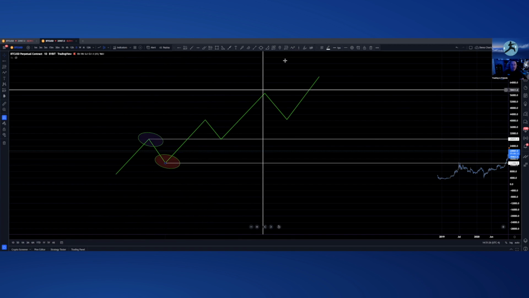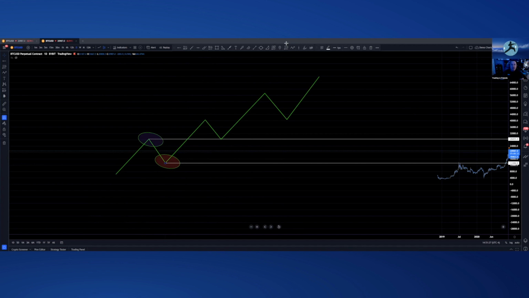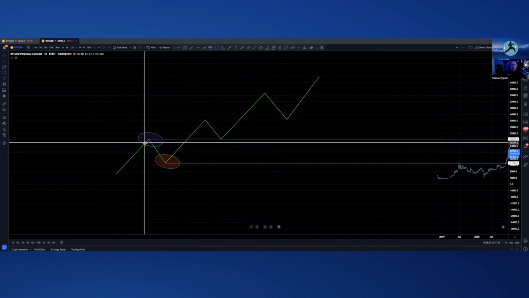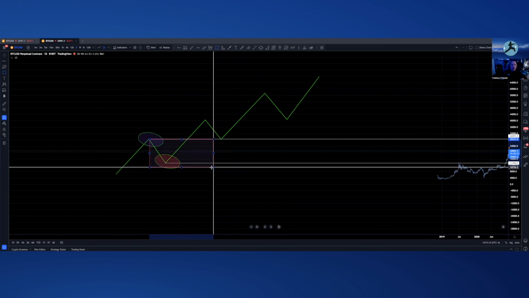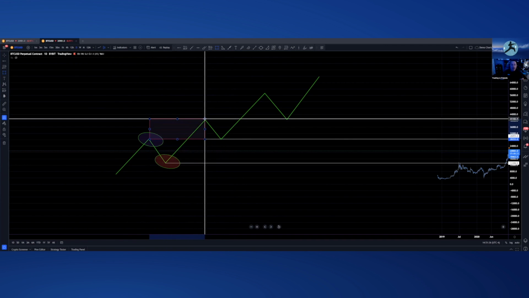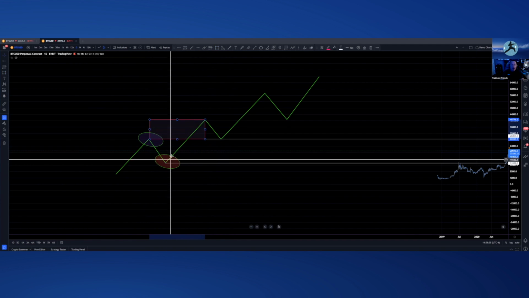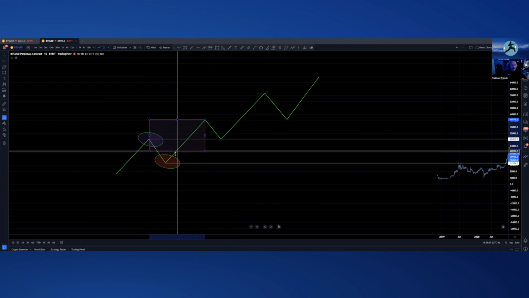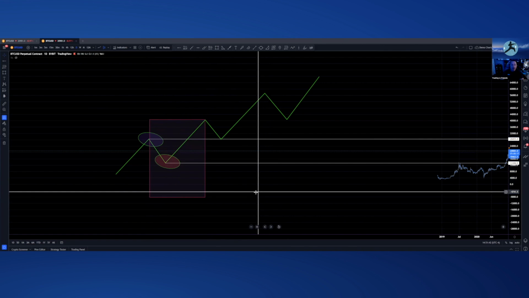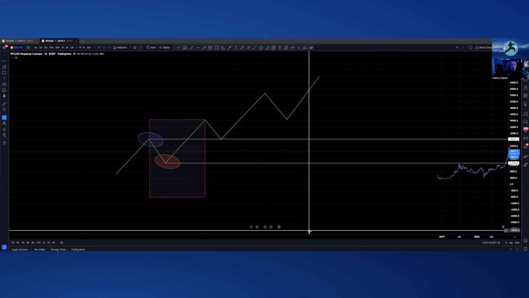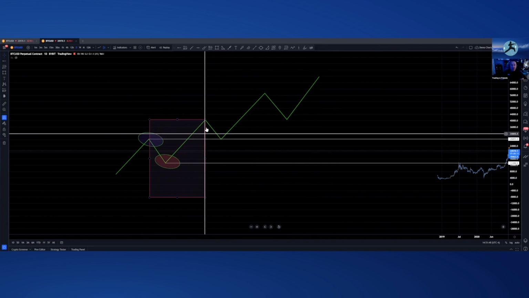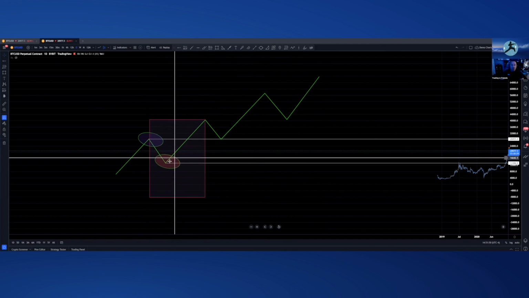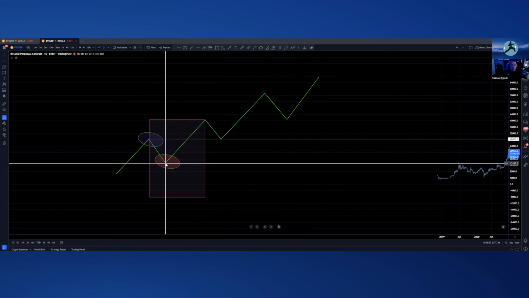It was this. So if I take a box right here and I start a box there, and then I put my other part of my box there, and then I grab that and I just bring it down, right? So what is the lowest point between what was broken and what broke it? It was this, right?